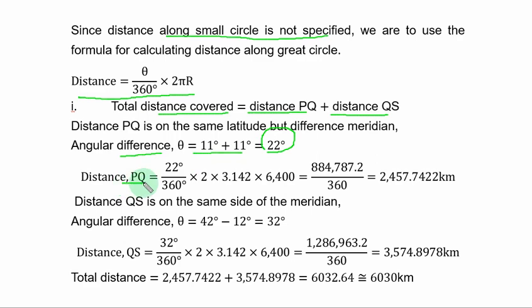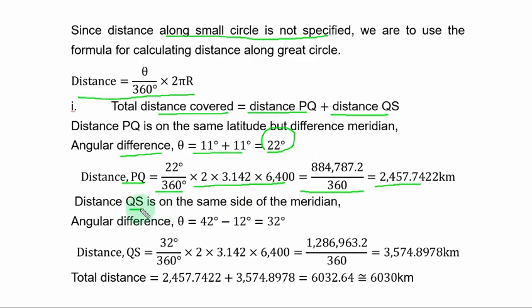So distance PQ is equal to 22 degrees over 360 degrees times 2 times pi times the radius of the earth. This simplifies to this. When you divide, you have 2457.7422 kilometers.